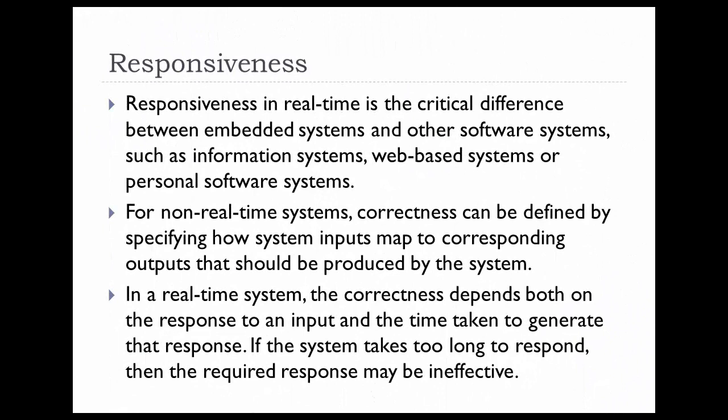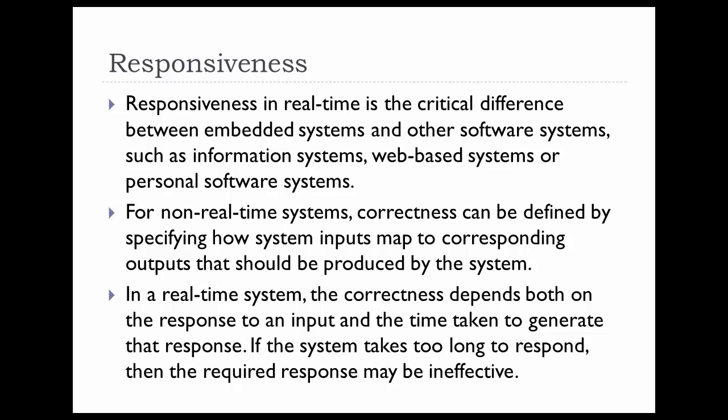Responsiveness. Responsiveness in real time is the critical difference between embedded systems and other software systems, such as information systems, web-based systems, or personal software systems. For non-real-time systems, correctness can be defined by specifying how system inputs map to corresponding outputs that should be produced by the system.